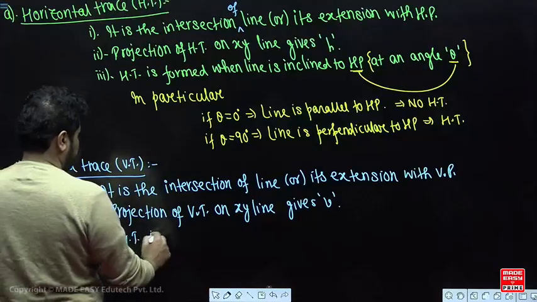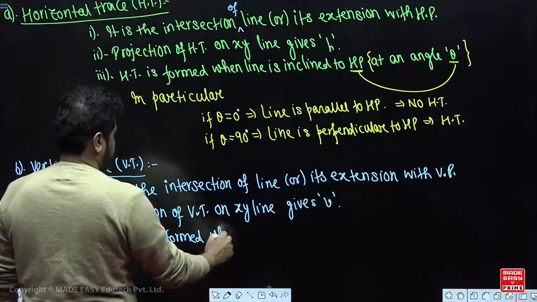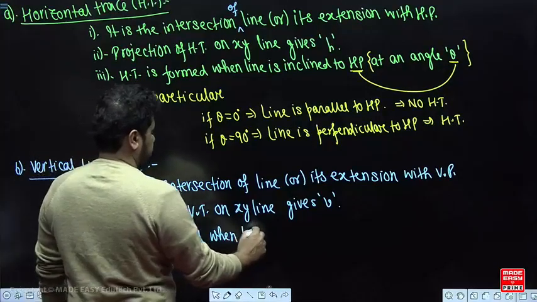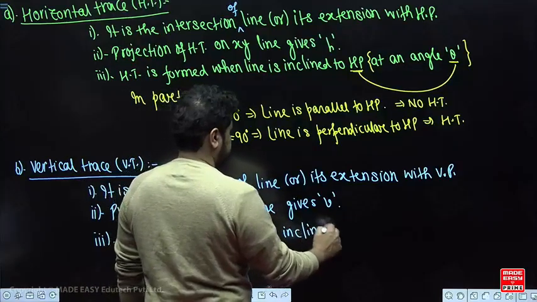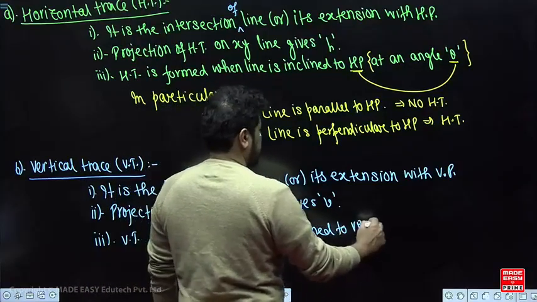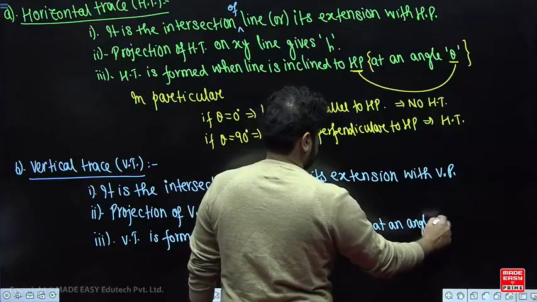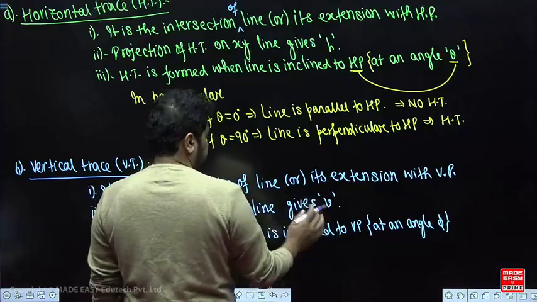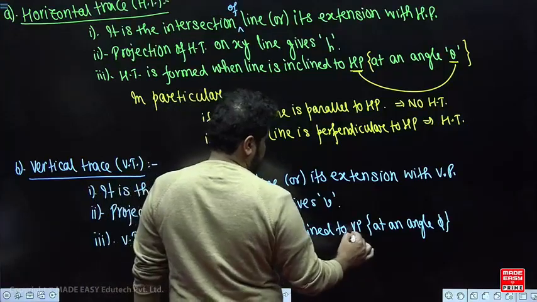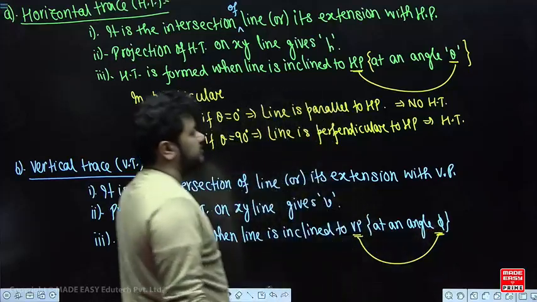The vertical trace is formed when the line is inclined to VP at an angle phi, right? So whenever you see anything related to VP, the angle inclined to VP is denoted as phi, correct.